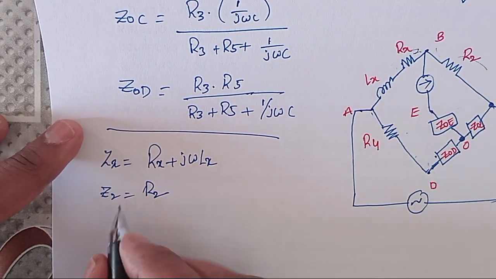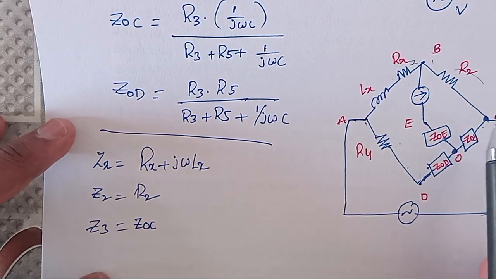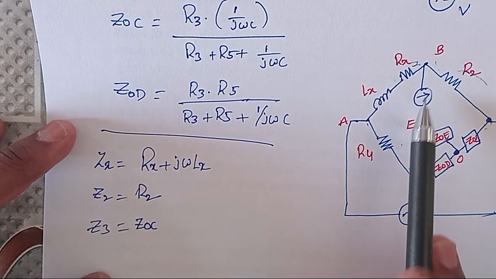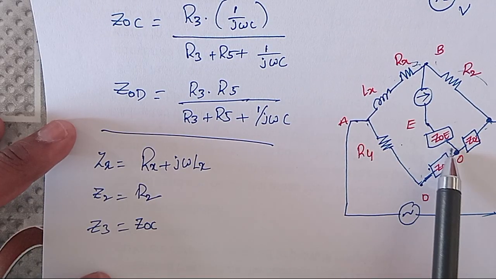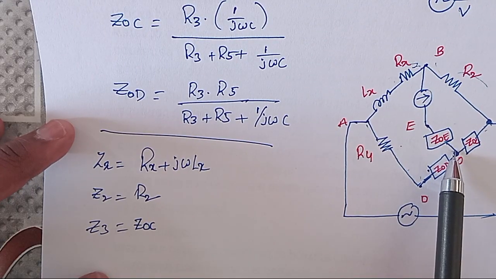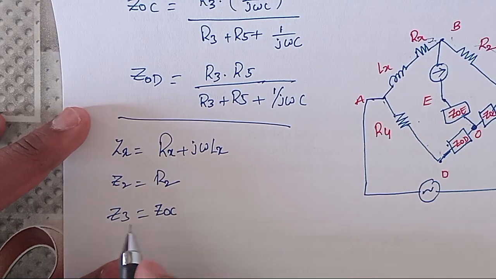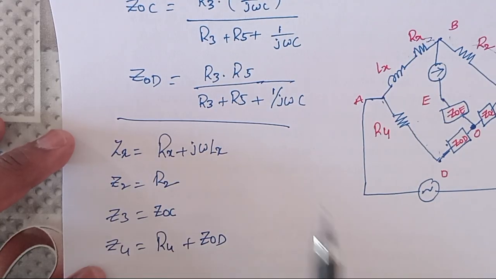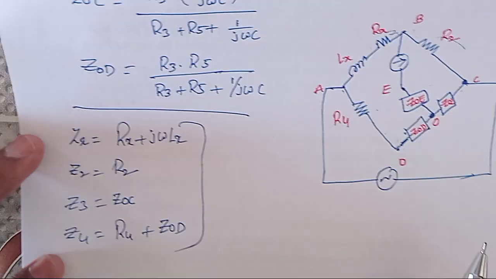The third arm Z3 equal to ZOC. Here we have chosen the third arm as ZOC only because the detector is connected at this point, that means it is the potential, the parallel existence. And Z4 equal to R4 plus ZOD. These are the four impedances from our bridge circuit.